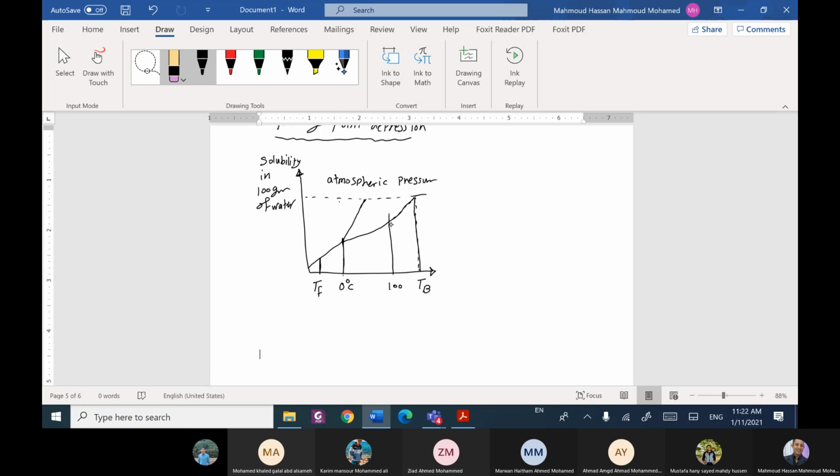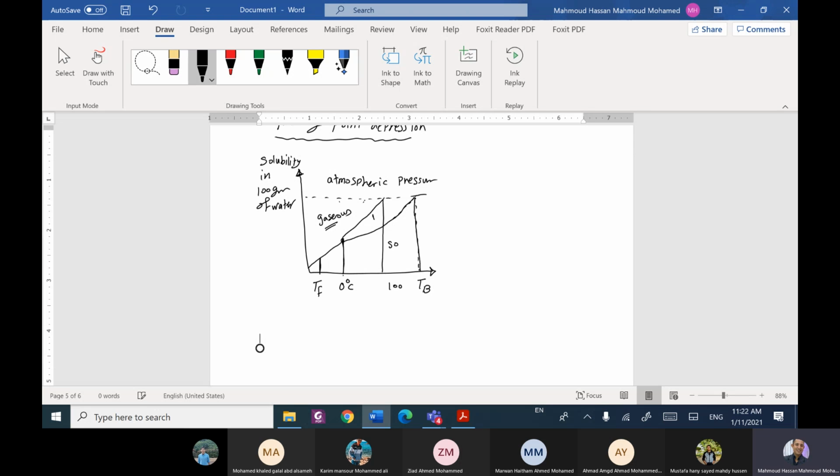This represents the case. In this case, we'll find the gaseous form, and this phase represents the liquid.